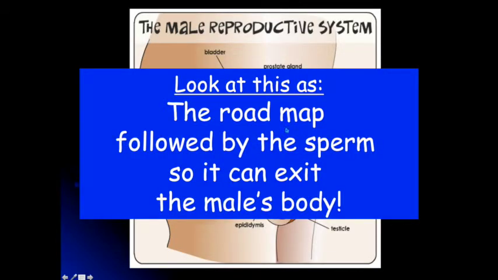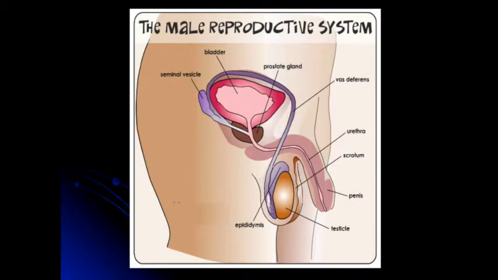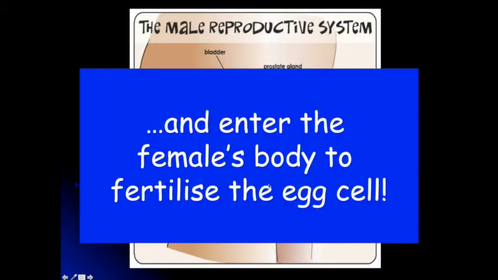So remember, when we look at the male reproductive system, look at it as the roadmap followed by the sperm so it can exit the male's body and enter the female's body to fertilize the egg.